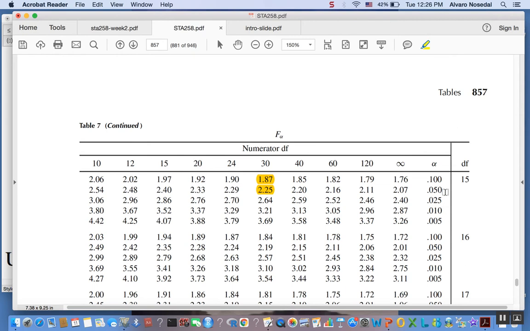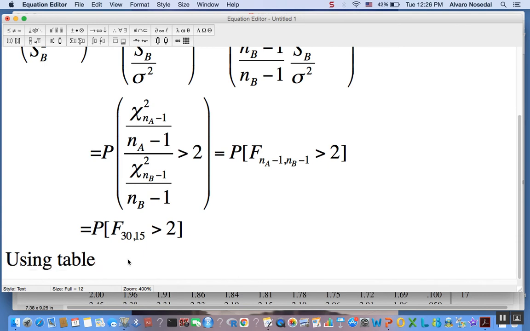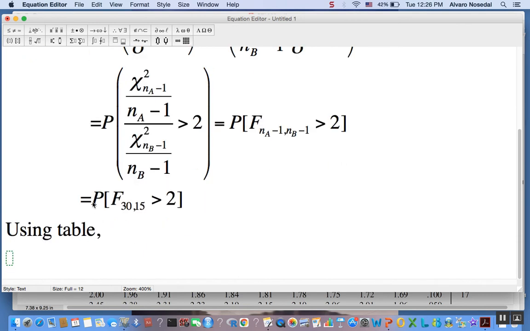So we don't have exactly 2, but we have this. We can bracket 2 by these values, and using our table, the best that we can do is say the probability that we want must be between 5 and 10%.